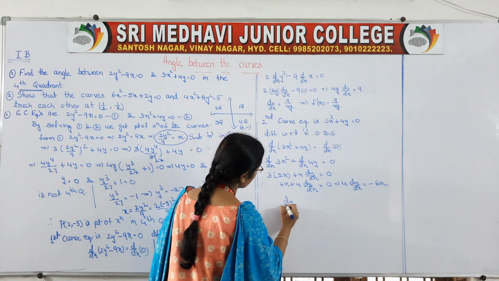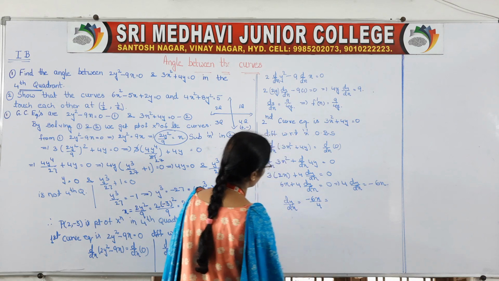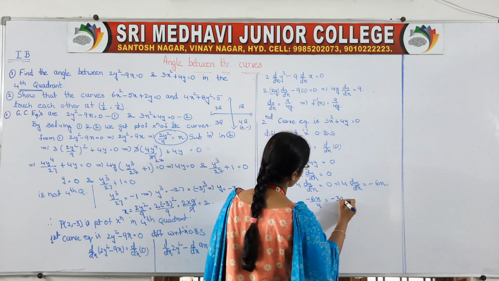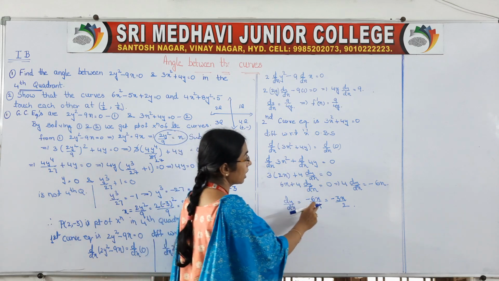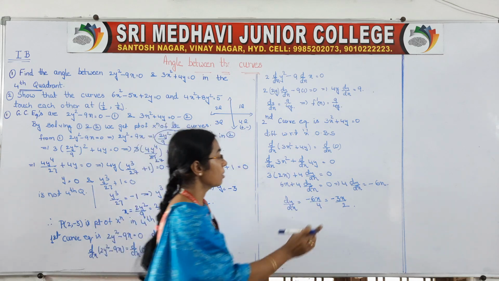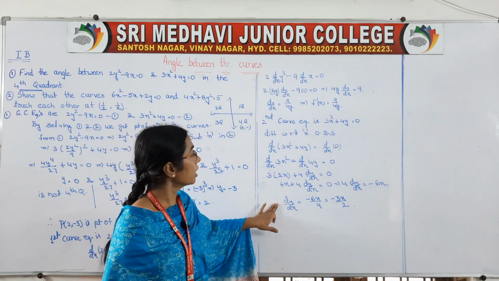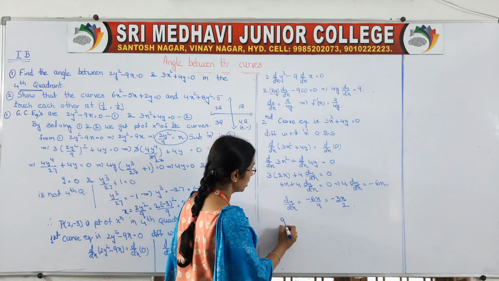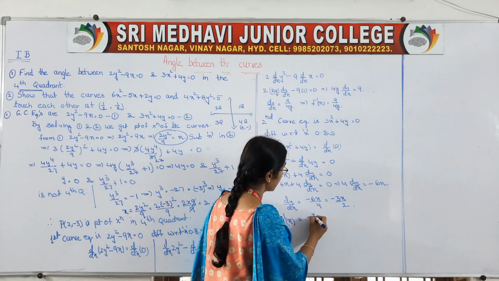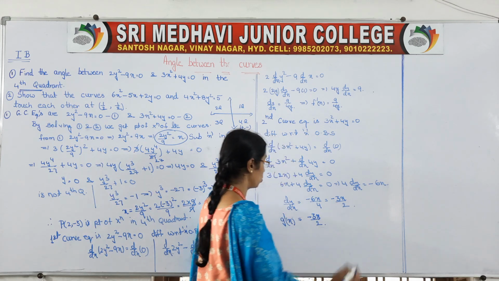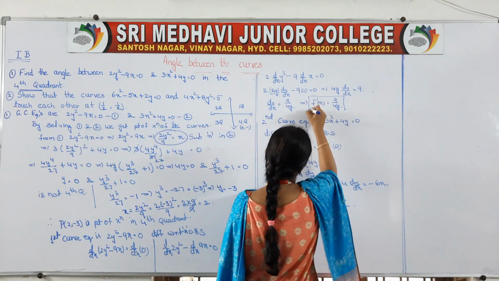Then dy by dx is equal to minus 6x by 4, which is minus 3x by 2, since 2 3s are 6 and 2 2s are 4. So minus 3x by 2 is your dy by dx. Once you got your g dash x, g dash x is equal to minus 3x by 2. This is your g dash x, this is your f dash x, right?